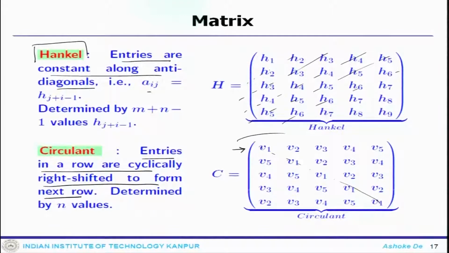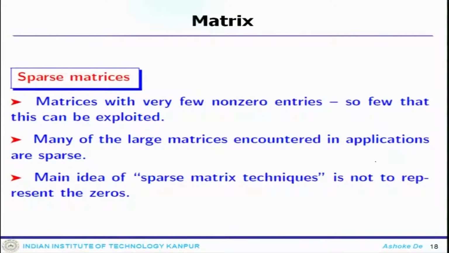Cyclically shifted means my V5 will come here. So, that is how it goes: V5, V1, V2, V3, V4. In the second, V4 moves here: V4, V5, V1, V2, V3. Then V3 moves here. So, finally, you get V1 again at the end. In that process you end up getting similar values along the diagonals. So, that is called circulant.